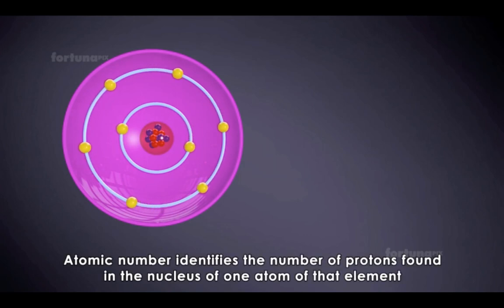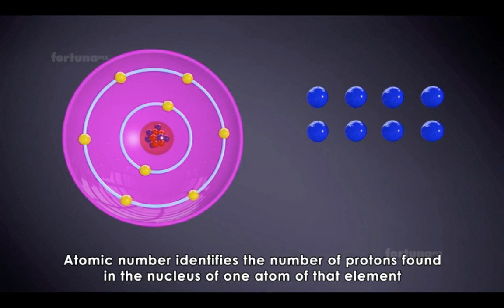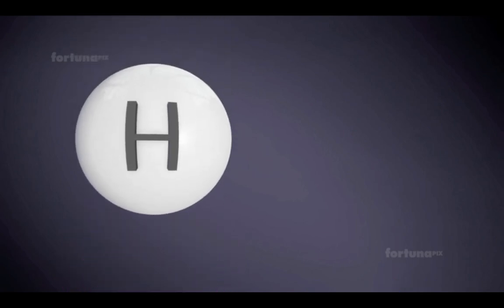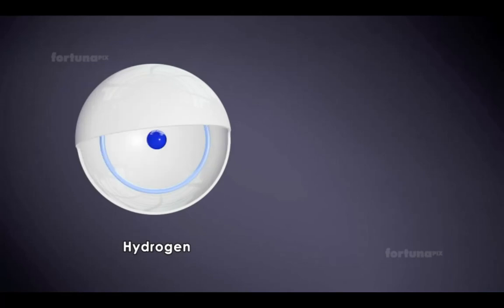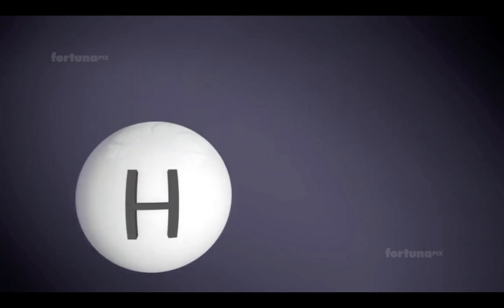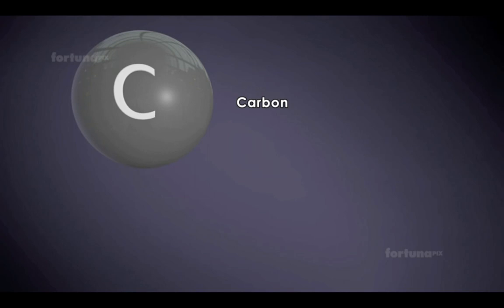An element's atomic number identifies the number of protons found in the nucleus of one atom of that element. For example, the element hydrogen is made up of a hydrogen atom. Its nucleus will have only one proton, so the atomic number of hydrogen is 1. Now let's look at carbon, which is made up of carbon atoms.